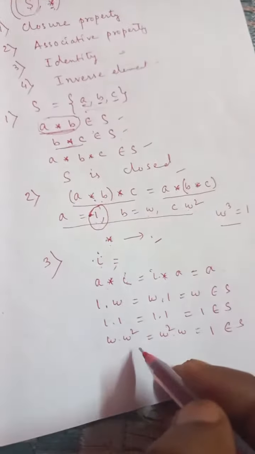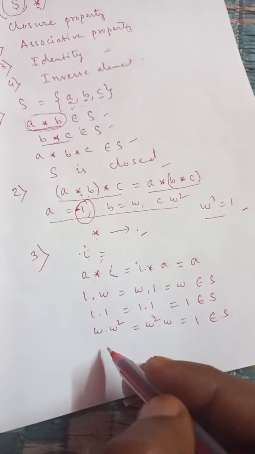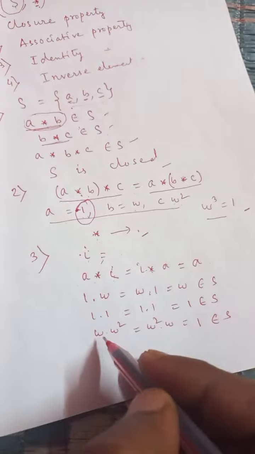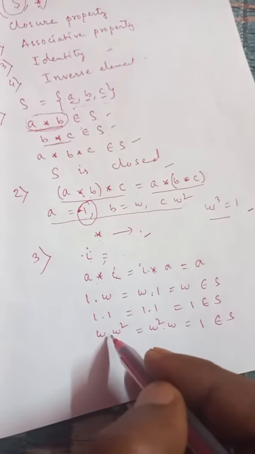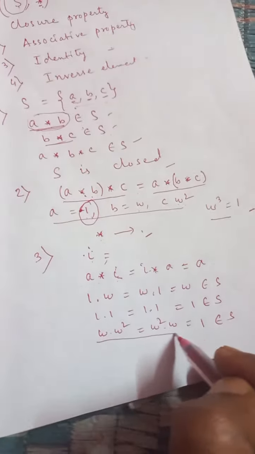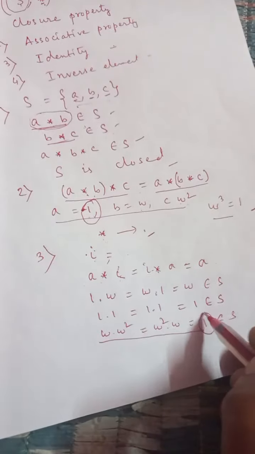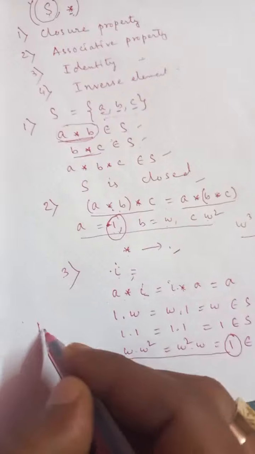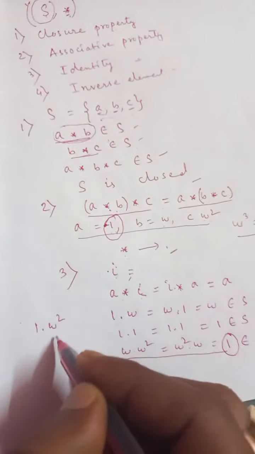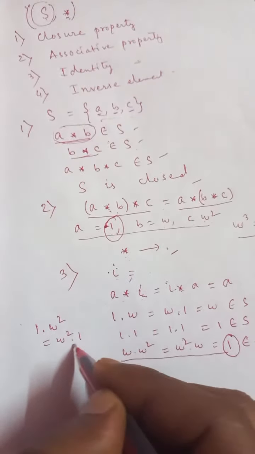So for every element, there is not any other identity element; actually it is the inverse element that we formulate. Inverse element means this is our identity element 1. Here just one thing has to be proven: 1 times omega square is equal to omega square under multiplication.